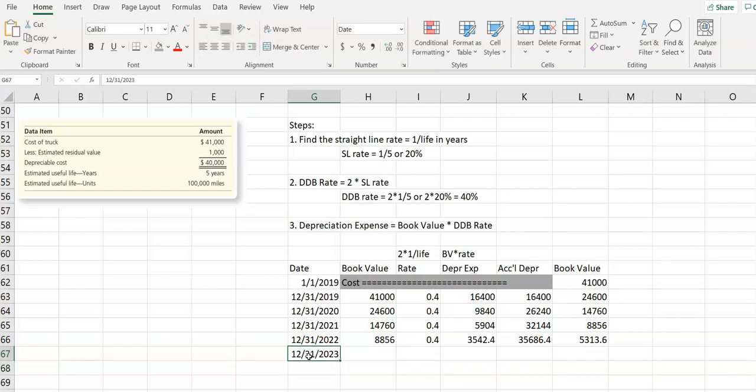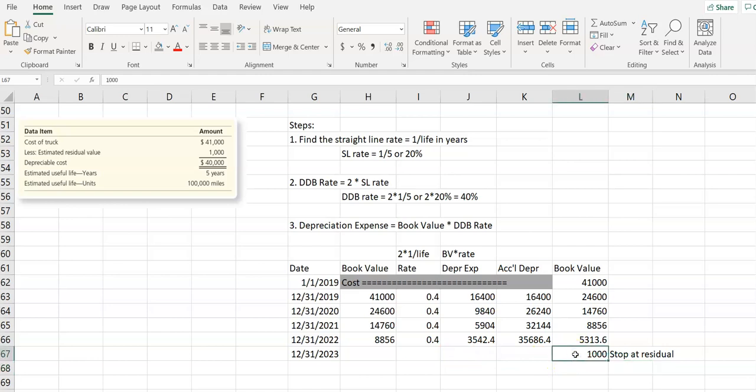I know that this has to stop. This has to get to $1,000. One of the things about double declining balance is this is just going to get smaller and smaller, because it's always going to be 40% of what I have, and the 5th year may not finish it off.